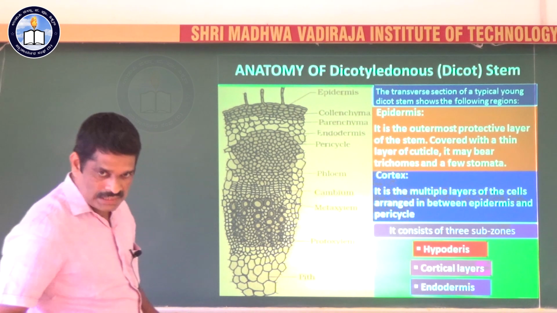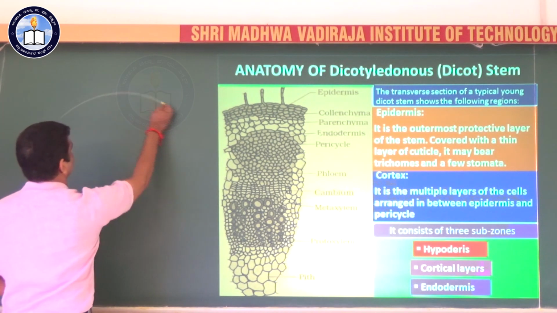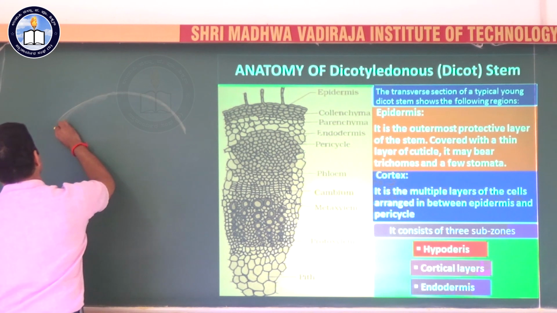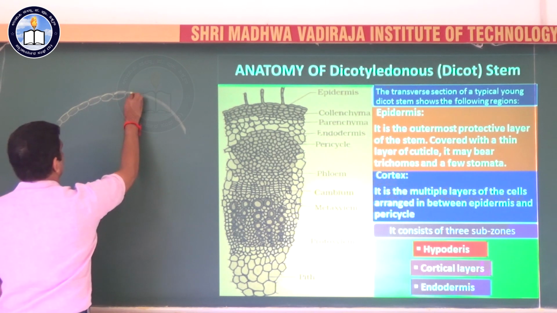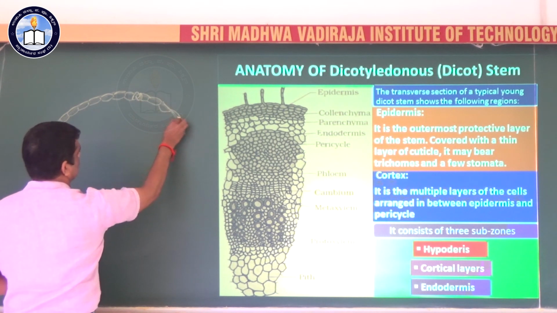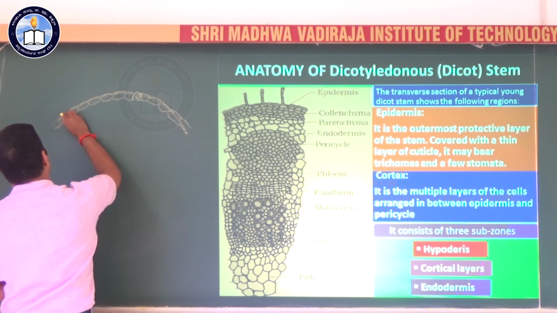Say the dicot stem anatomy, it consists of outermost single layered compactly arranged parenchymatous cells that form the epidermis. In the young stem, in certain regions, the epidermis shows the presence of the stomata and the epidermis is covered by a thin layer of cuticle.